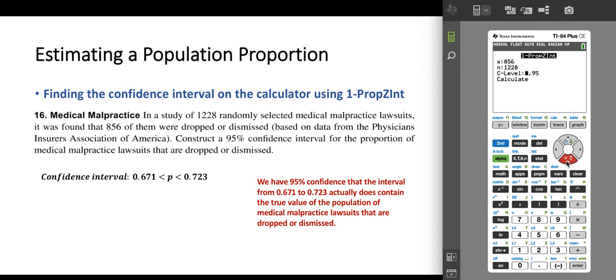The confidence level is 95%. We'll change that to a decimal, 0.95. And press calculate, and you'll notice that we got the same interval. It goes from 0.671 to 0.723. And that's how you do it on your calculator.